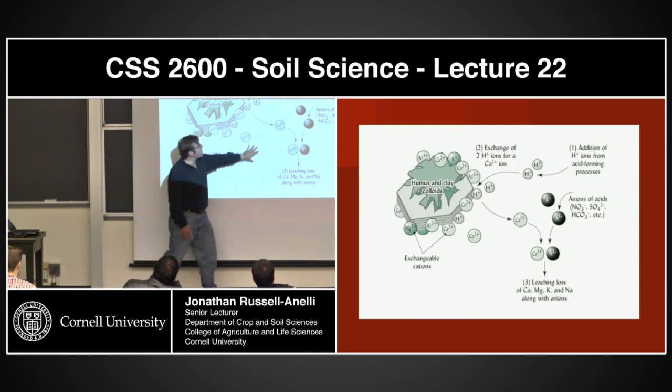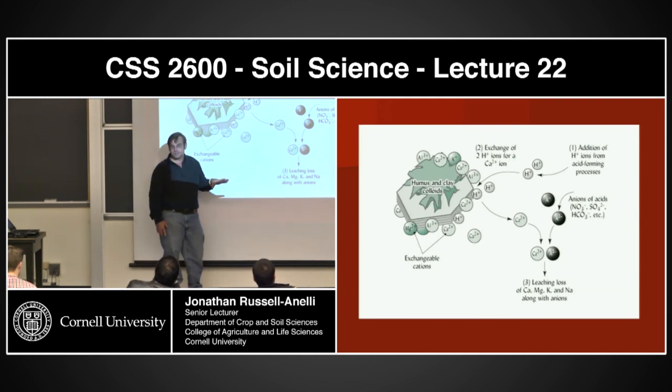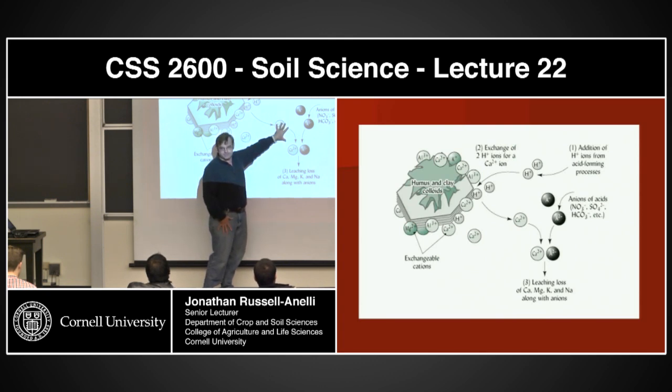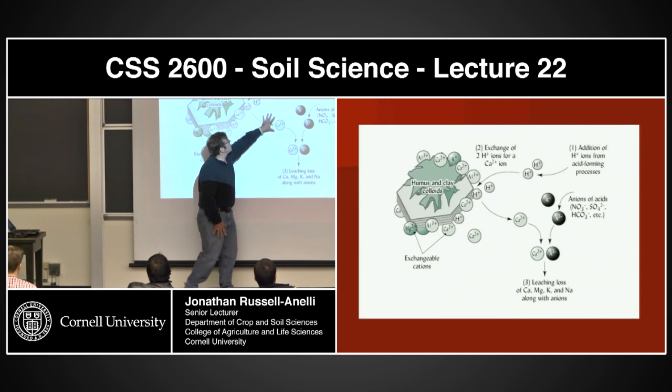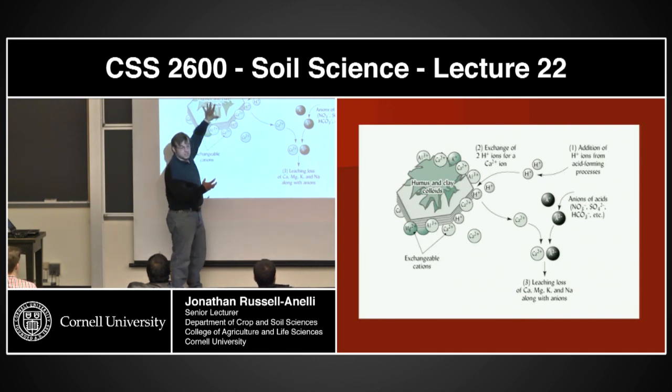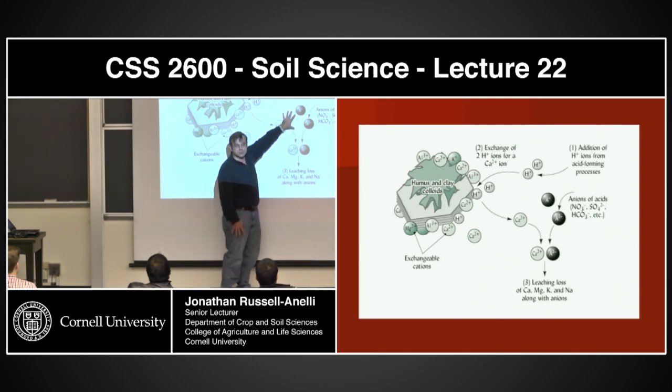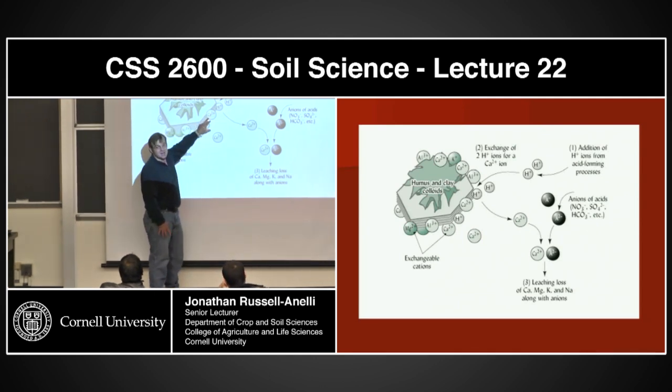Okay. Now, around this particle is the soil solution. And there's a certain amount of ions that are in this soil solution. Okay. Now, those ions are going to be reacting with this cation exchange capacity associated with the colloid, right? Now, as the concentrations in the solution change, the ions that are associated with this cation exchange capacity are going to change.